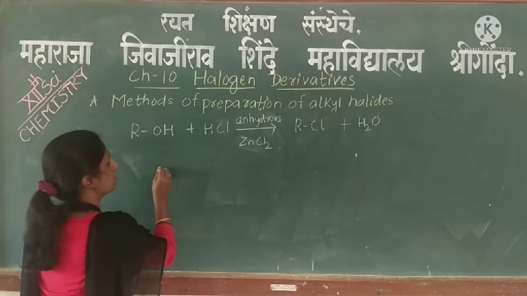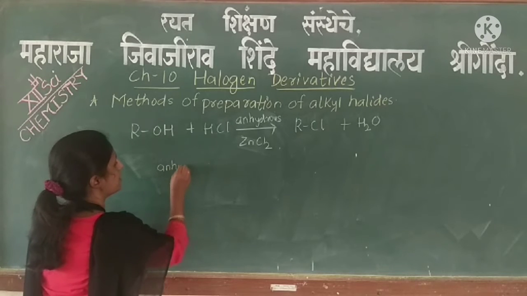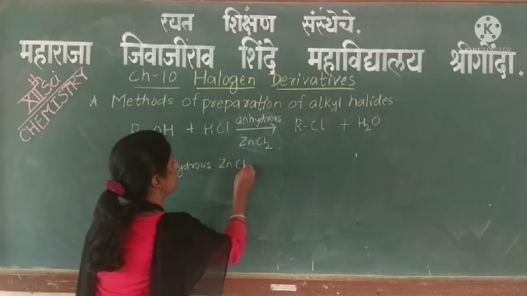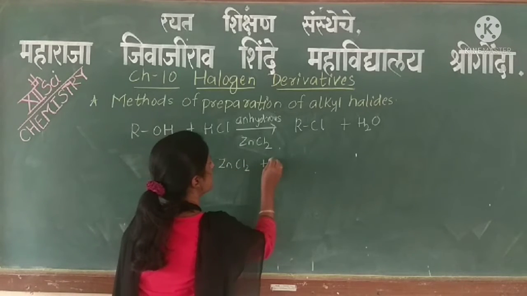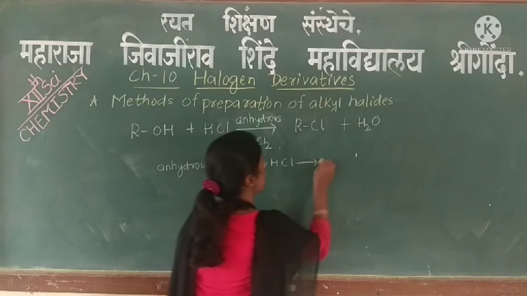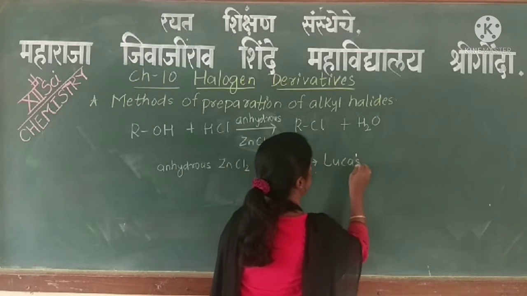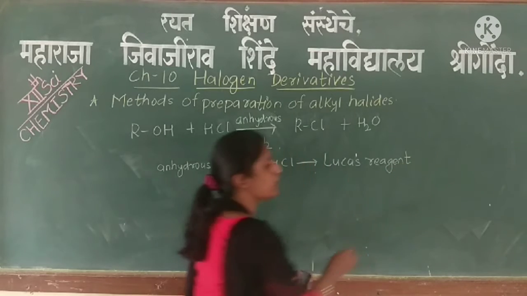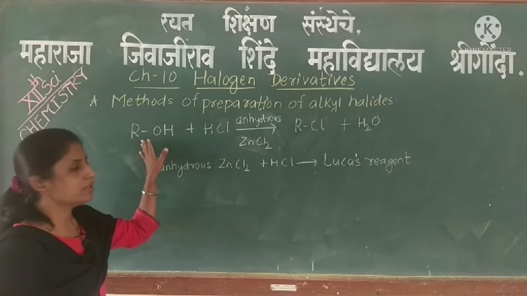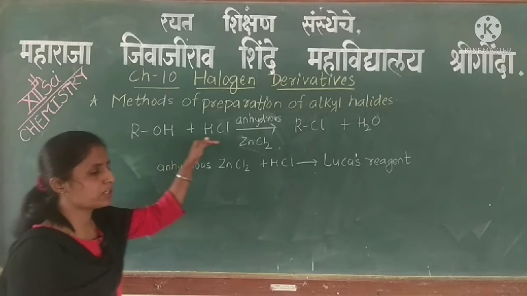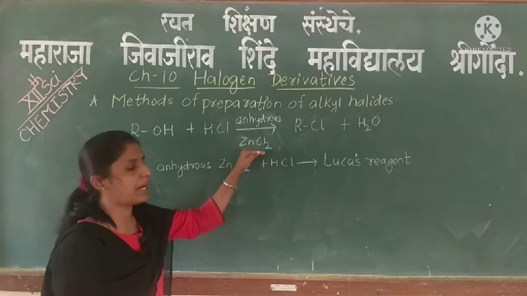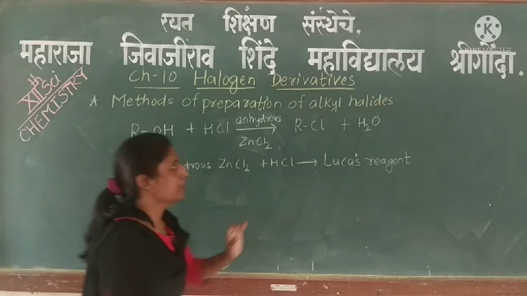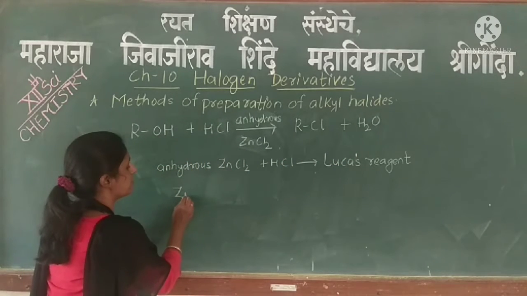Now this mixture of anhydrous ZnCl2 and HCl is called Lucas reagent. So what is the reaction? Alcohol reacts with HCl in presence of anhydrous ZnCl2 to give you alkyl chloride and water. Now ZnCl2 is what?